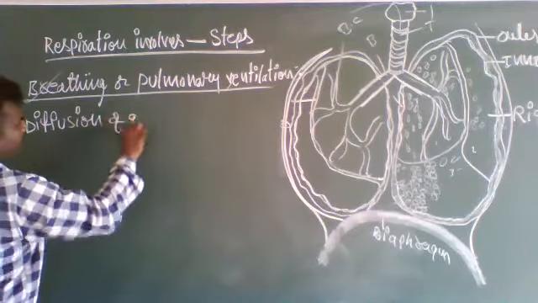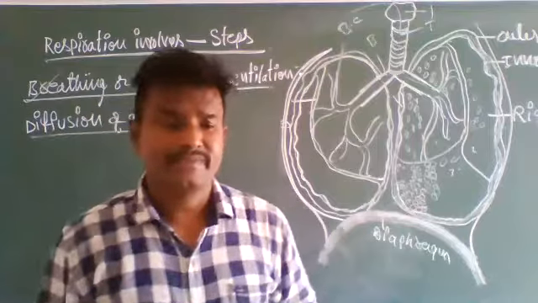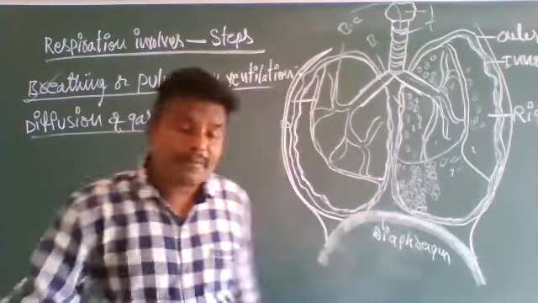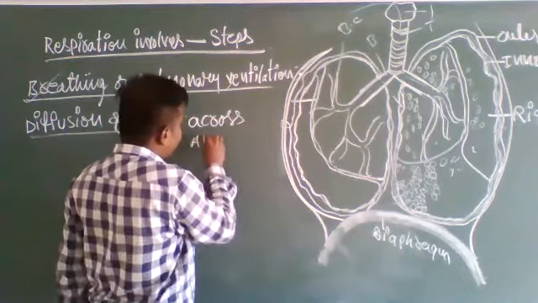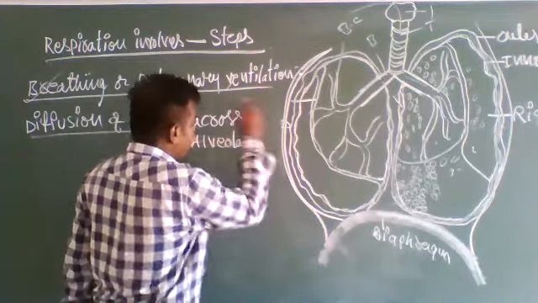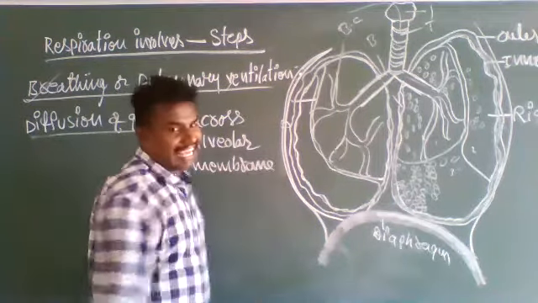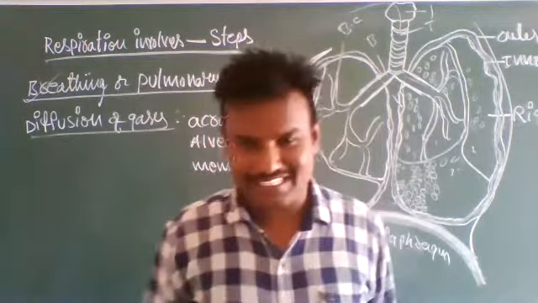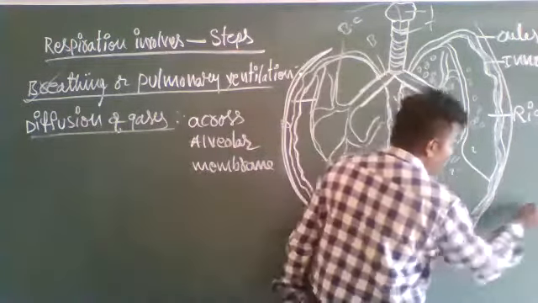Next, diffusion of gases. Diffusion of gases occurs across the alveolar membrane. Diffusion of gases means what?